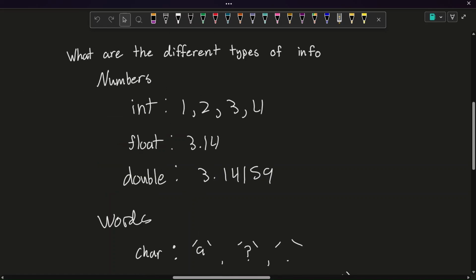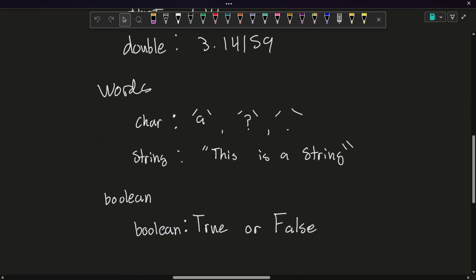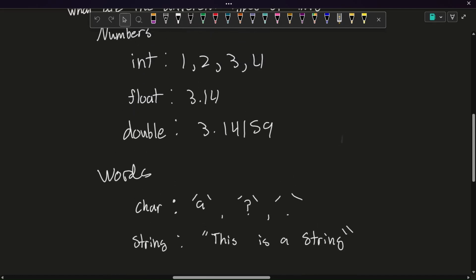Expanding even further into this idea of storing information, we can break up what information we're storing into three categories. And believe it or not, with these three categories, we can represent just about any piece of information. Those three categories are numbers, words, and these things called booleans, but we'll get to that in a little bit.